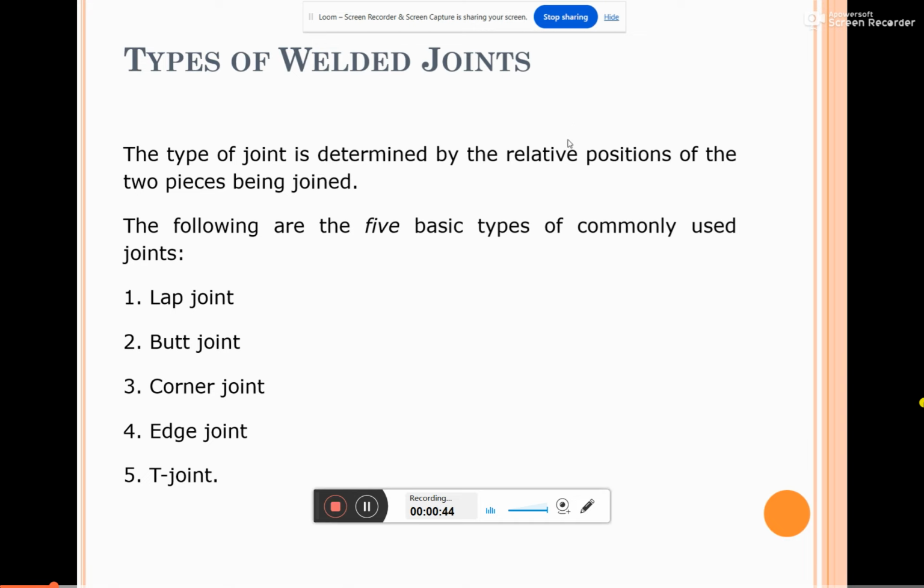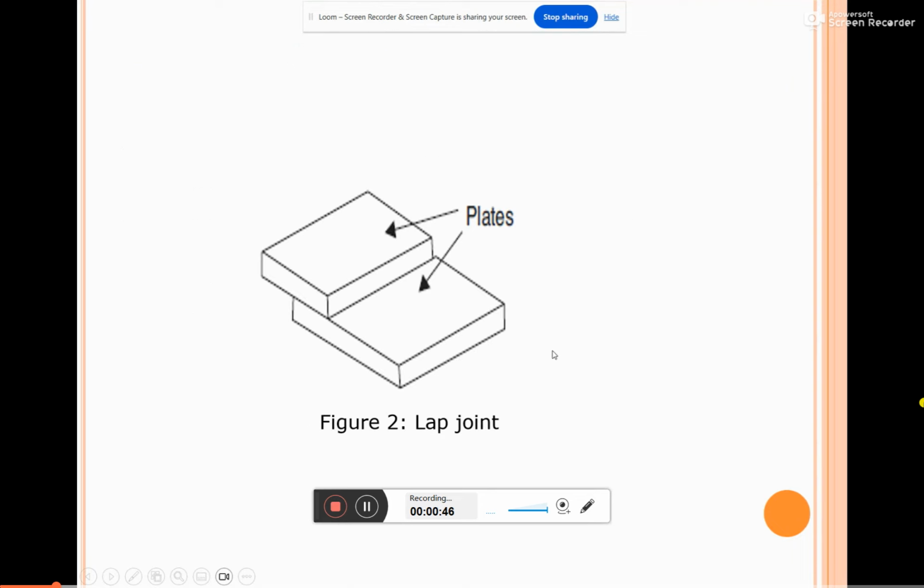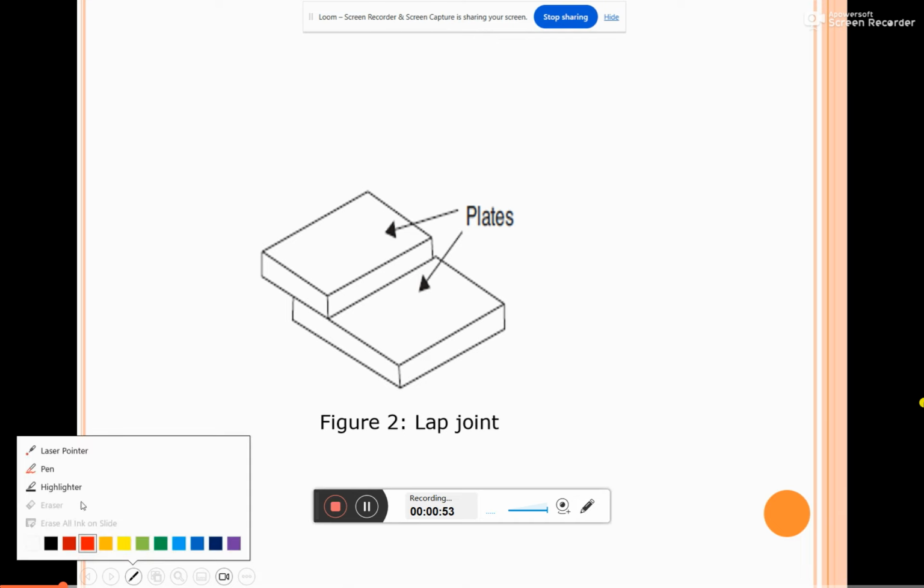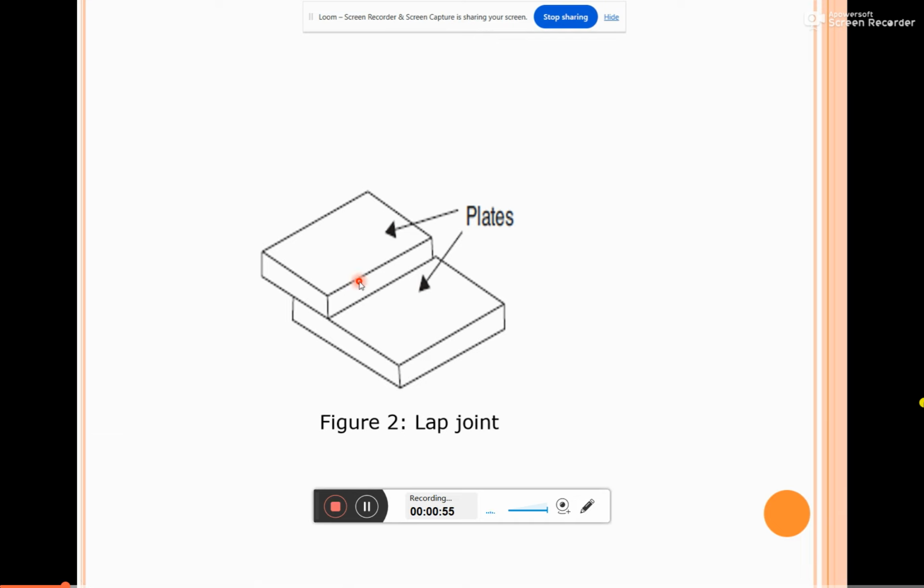The first one is the lap joint. This is the figure related to the lap joint. In the lap joint, whatever workpieces or plates you want to weld, we place one plate over the other plate.